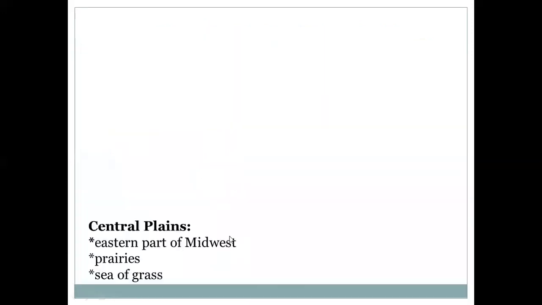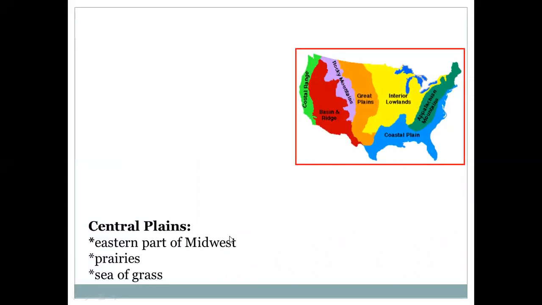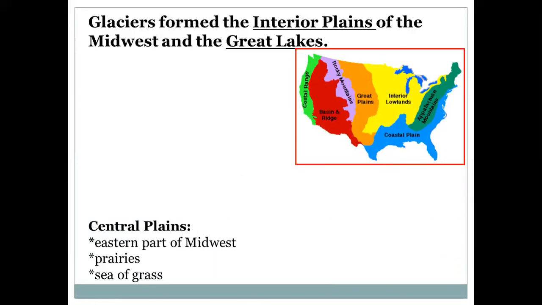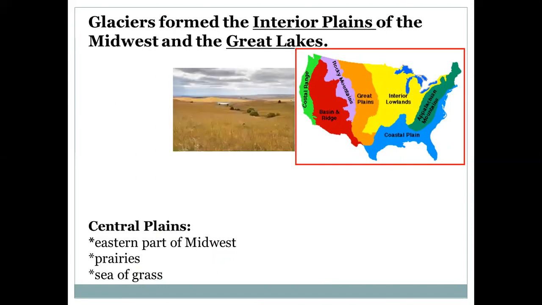And here, glaciers also formed the region's Great Lakes. So we have 5 Great Lakes. And thank you to Miss Joel, by the way. This is the idea of Miss Joel, grade 4, the Great Lakes.